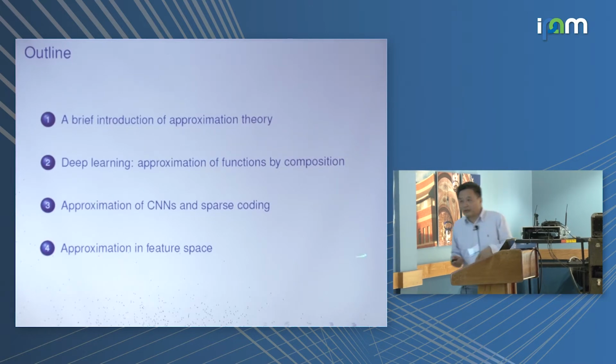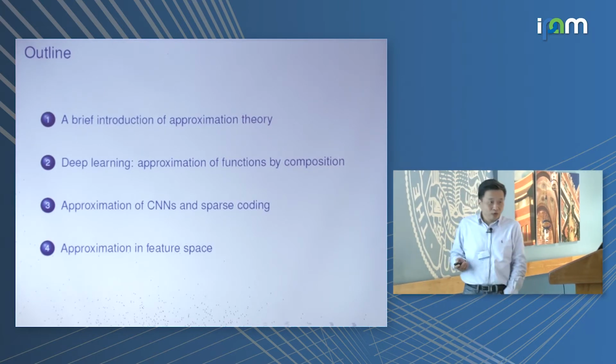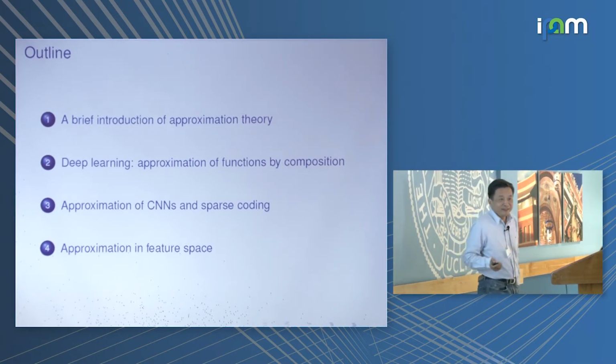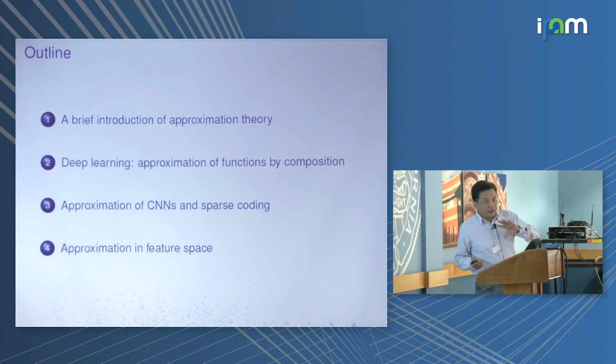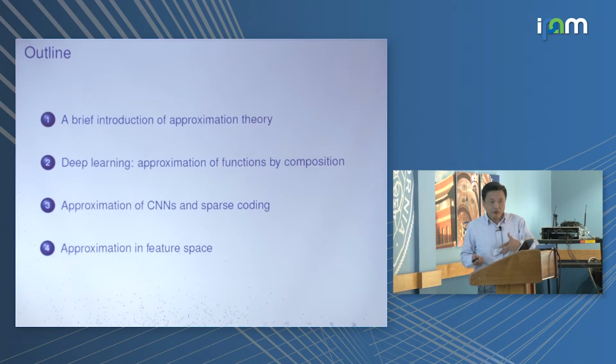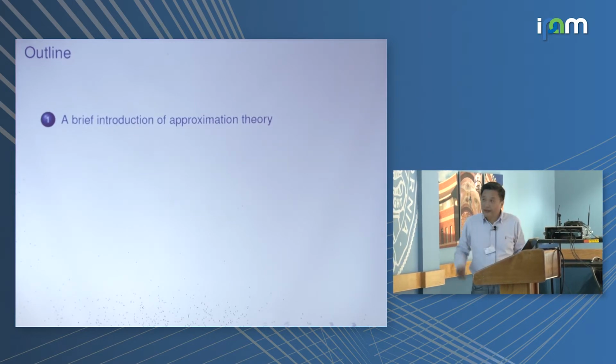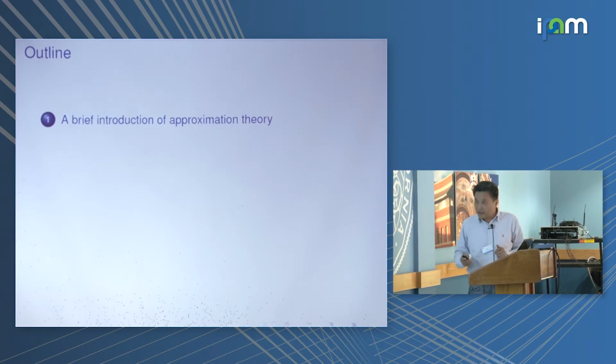And then I studied a little bit of approximation for the CNN, also sparse coding, Mickey's favorite. And for the classification case, how does it approximate? Finally, I want to go back to classical approximation, which I think in the feature space, you are still using classical approximation.